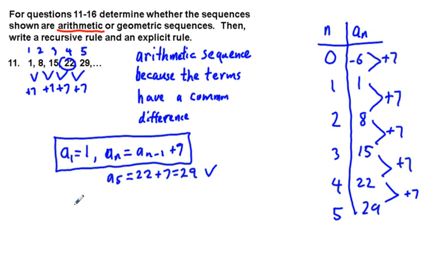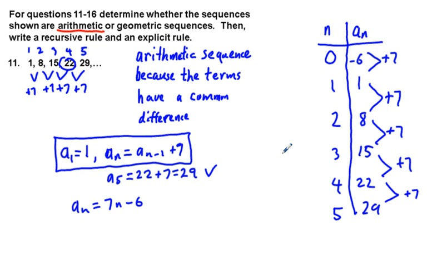So we can write this explicit rule as a sub n equals 7n plus negative 6.